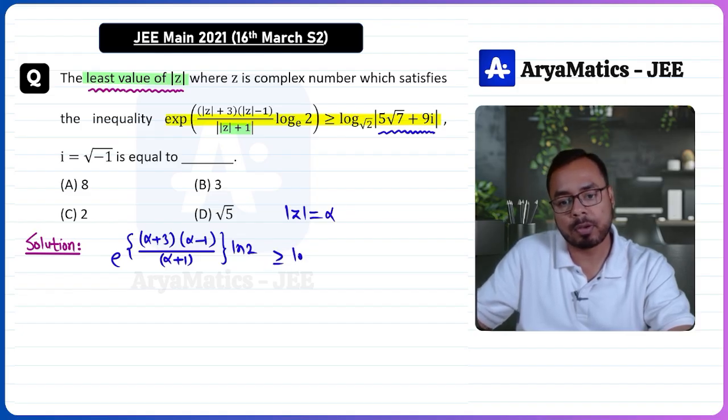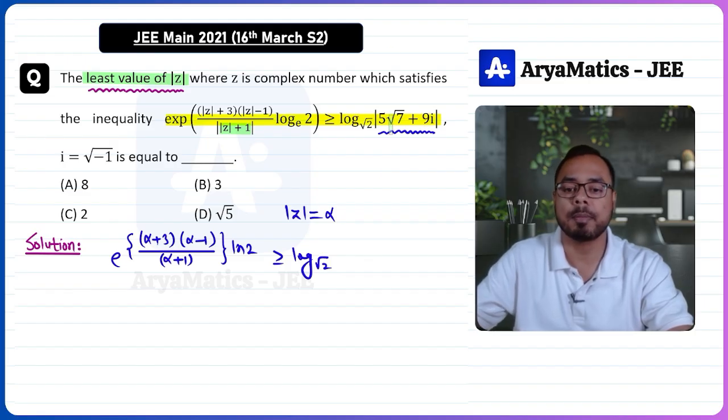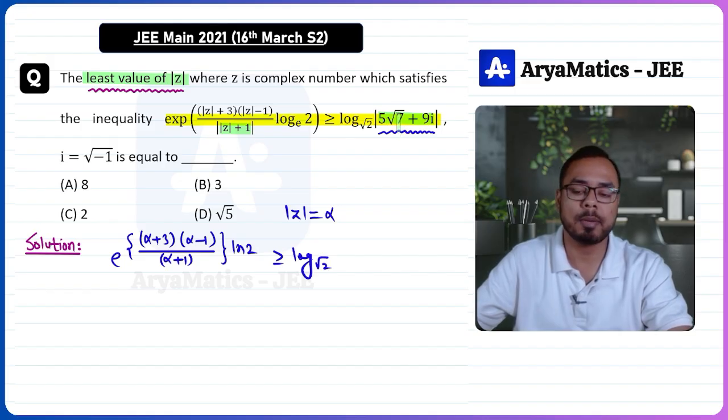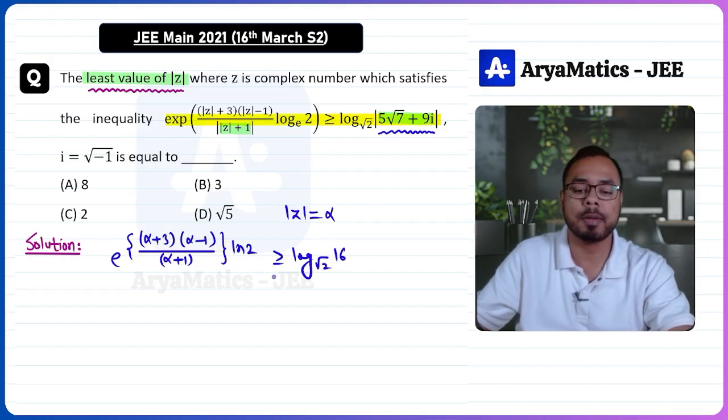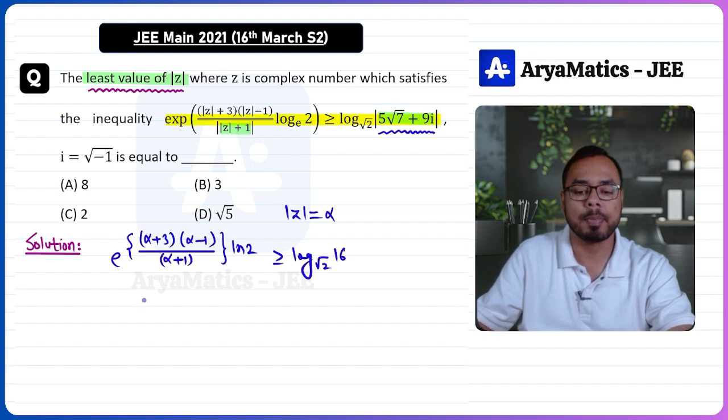and this thing is greater than or equal to log to base root 2 and modulus of this complex number. Now modulus of this complex number will be root over real part square plus imaginary part square. So 25 into 7, 175 plus another 81. So that will make it 256. Square root of 256 will be 16. So this is the right hand side.